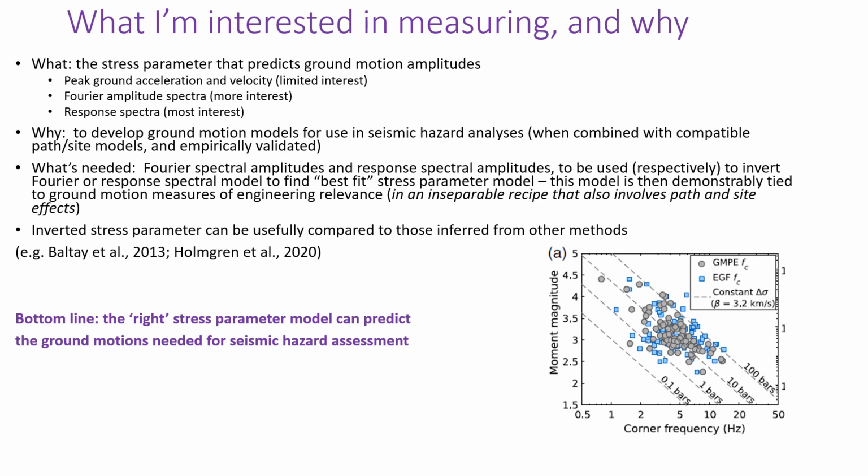It might also be noted that that inverted stress parameter can also be compared to those inferred from other methods, such as EGF methods and so on, in a few papers that have been published to date. So bottom line is that the right stress parameter model can predict the ground motions needed for seismic hazard assessment. And I think that is a topic of fundamental interest in engineering seismology.